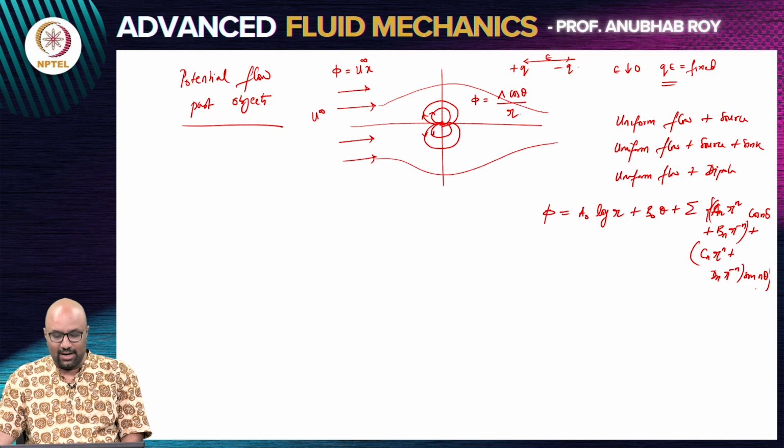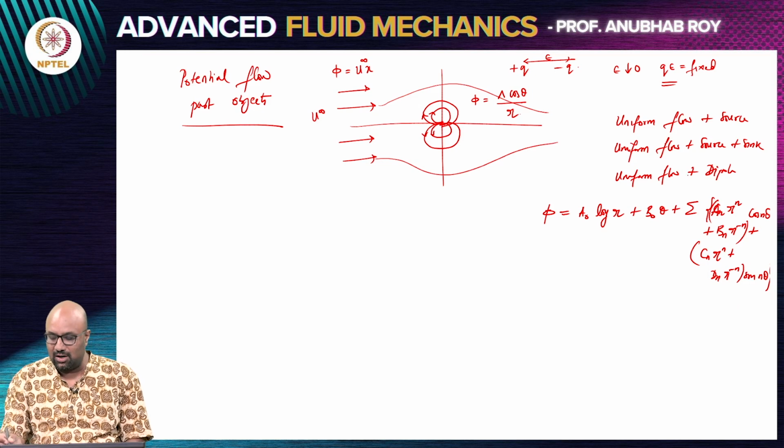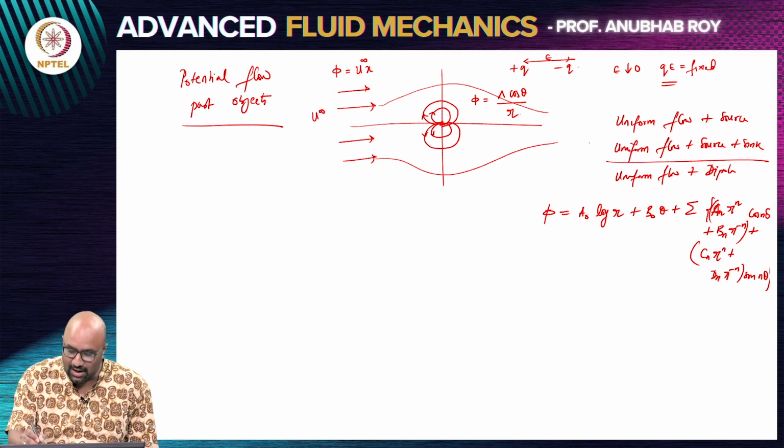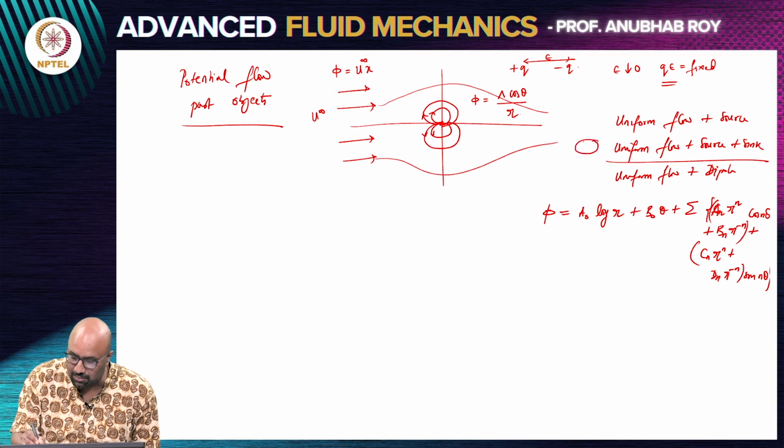Now, if you say that I want to study flow past an object, you can start looking for which combinations of these solutions, which terms in the series, would appear in your solution. So, we aren't going to take that approach. We are already aware of the fact that uniform flow plus source and sink gives me flow past an oval shaped object.